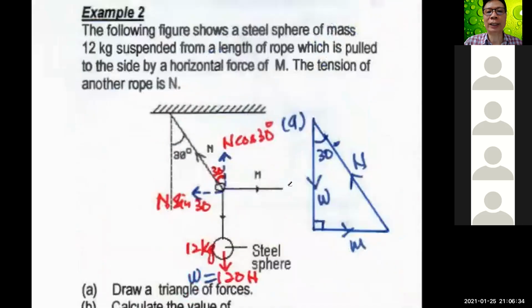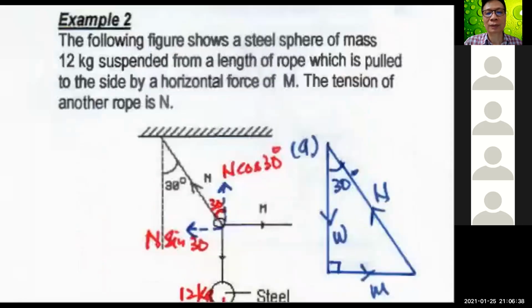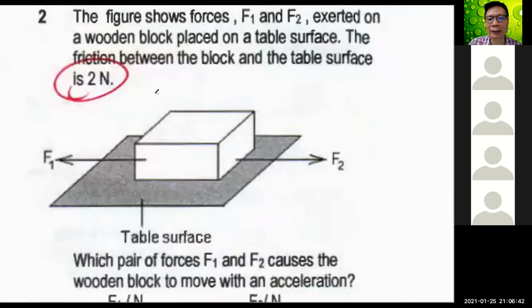Okay, now question number 2. So how? The question is like that. The friction between the block and the paper, when we move it, is 2. Now the question is, which pair of forces F1, F2 causes the wooden block to move with acceleration?